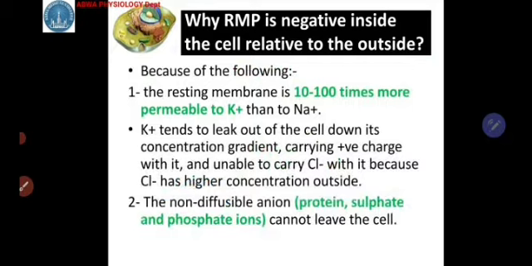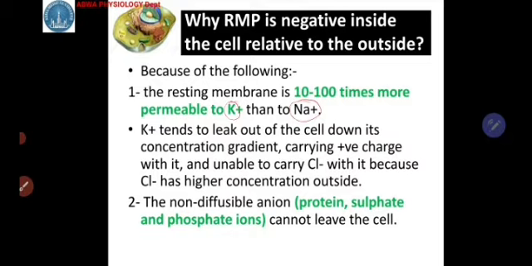Why is the resting membrane potential negative inside the cell relative to the outside? It is very important and some examiners are very fond of asking this. There are two points in it. Number one, the resting membrane is 10 to 100 times more permeable to potassium than to sodium. Note that both have positive charge.